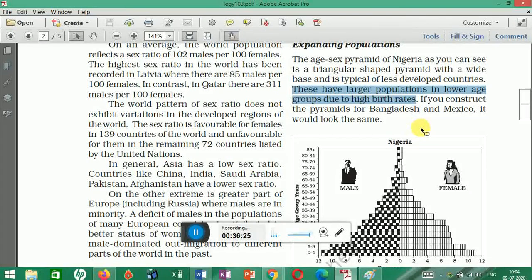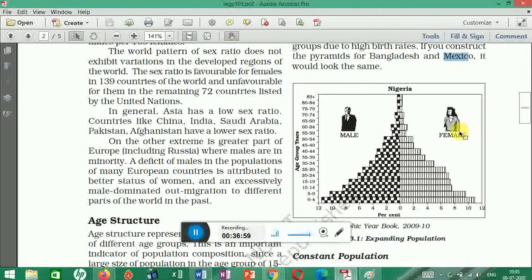A large population in the lower age group indicates a high birth rate, and such a pyramid is generally found in less developed countries, in some Asian countries like Bangladesh, in African countries like Nigeria, and in Mexico also. This is known as expanding population.